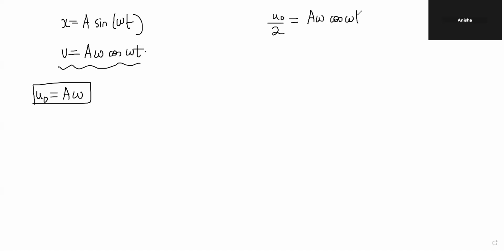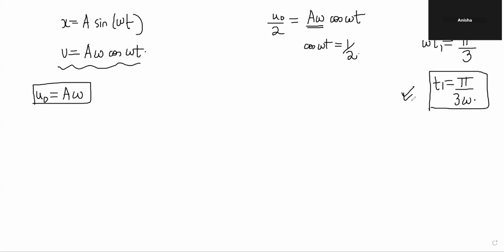And A omega is u naught, we already know. So cos omega t is half. The first time it collides, omega T1 is pi by 3, so T1 is pi by 3 omega. That is the moment it collides with the wall.